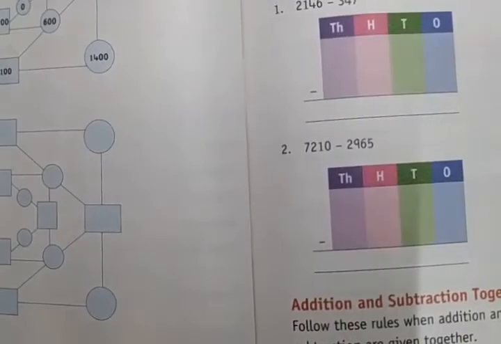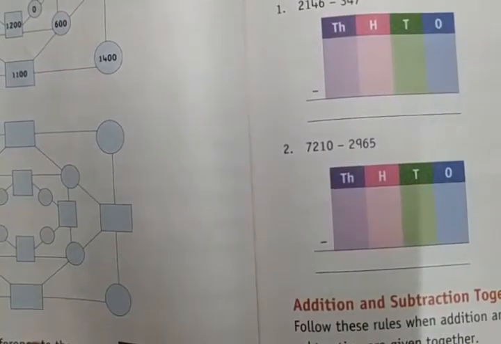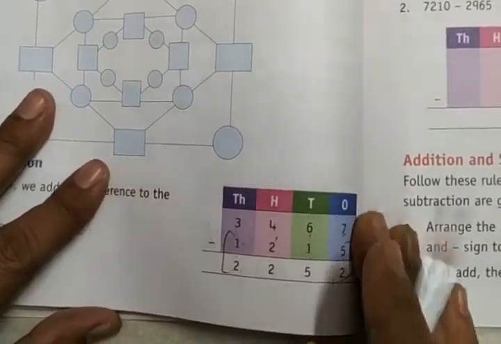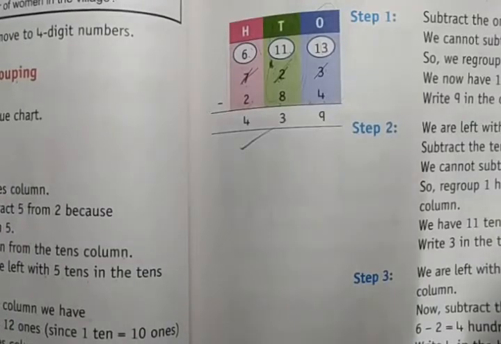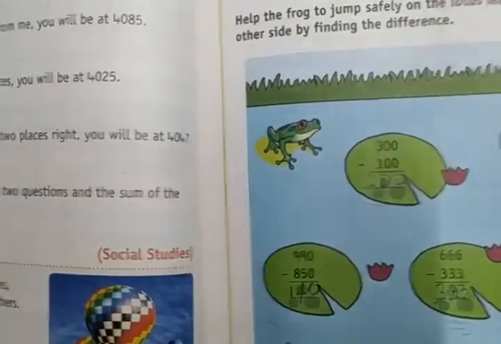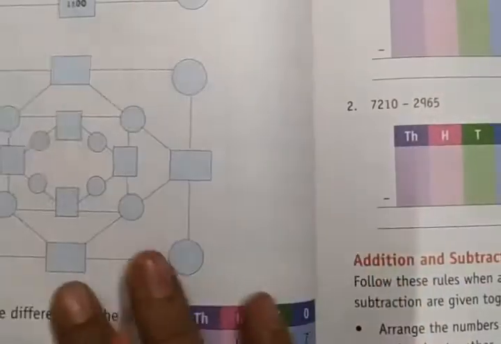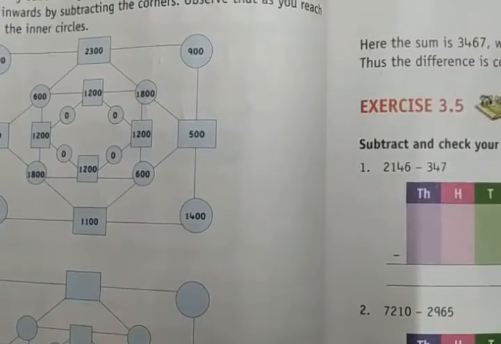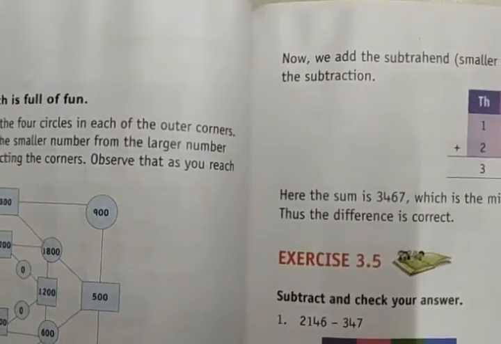What we have to do is add the subtrahend and the difference. If you add the subtrahend and the difference, you will get the minuend.